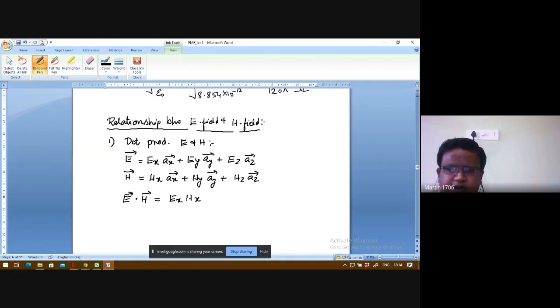When you take a dot product, same direction elements become 1, and different direction elements become 0. So then Ey Hy plus Ez Hz.